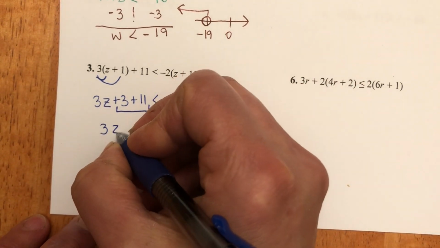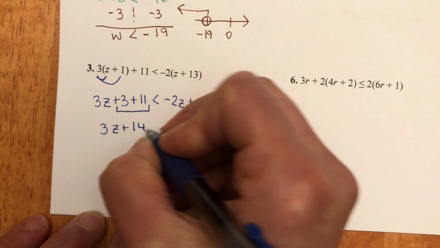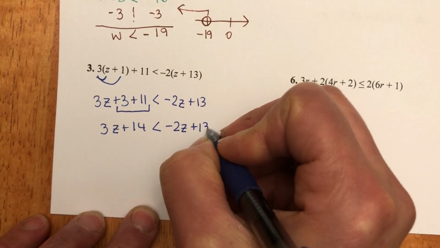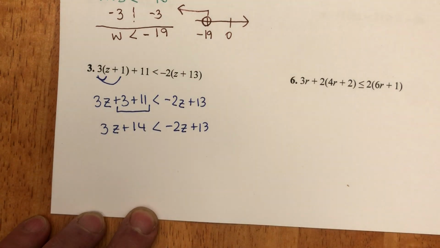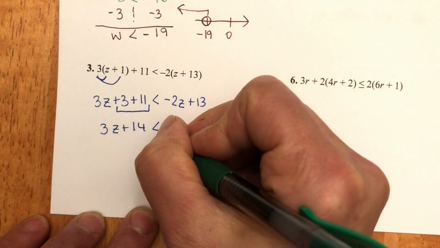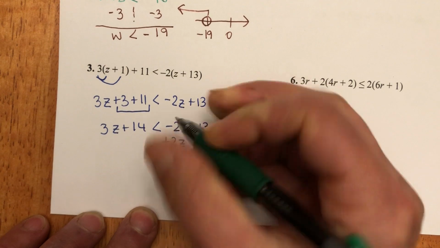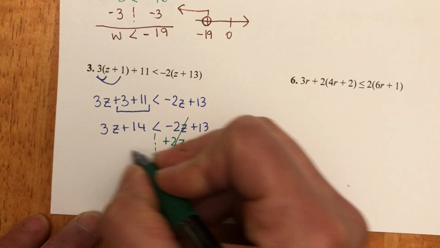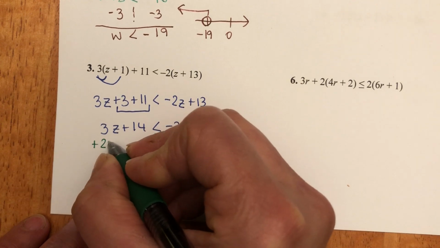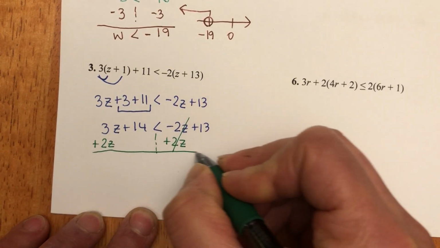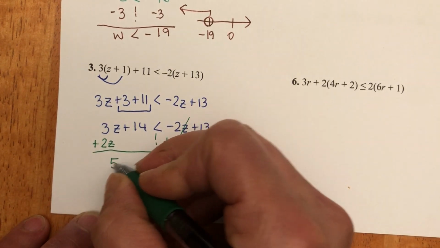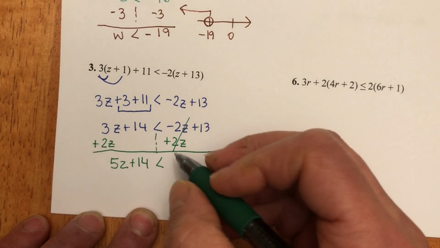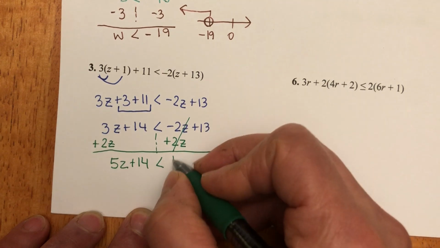I will have 3z plus 14 is less than -2z plus 13. Let's get z's together. This is negative, so to undo it, I am going to add 2z, right under the term with z. That gives me 5z plus 14 is less than 13.